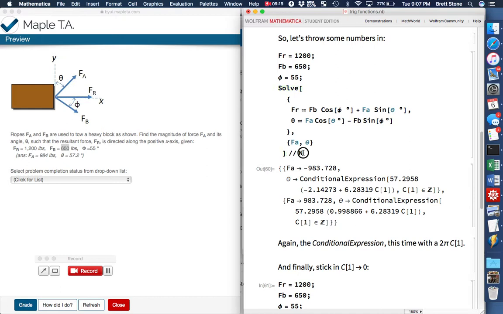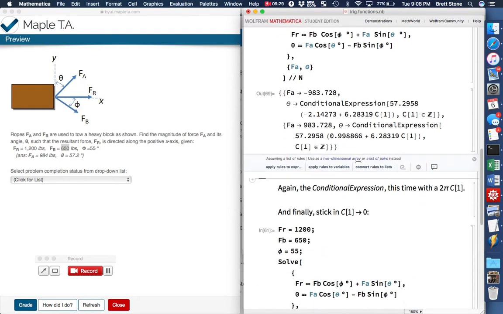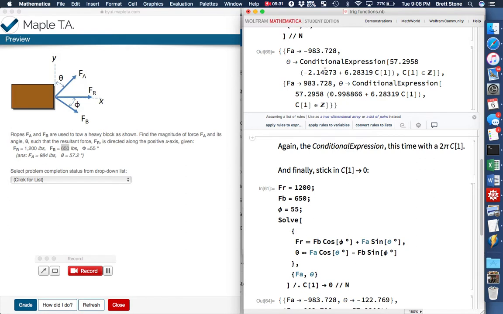So we type that in, then we close the whole thing off with a square bracket, and then to get it to simplify for us, instead of giving us nasty symbolic answers, we say /N, hit Shift Enter to get it to evaluate, and it gives us, surprise, surprise, a conditional expression answer.